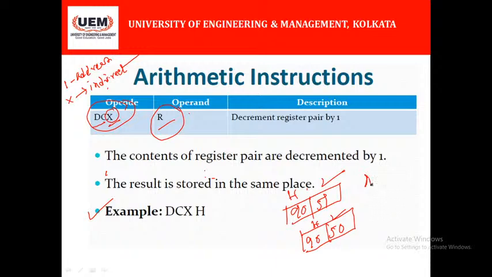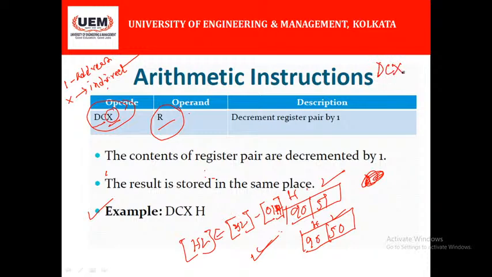The micro operation for that can be written as: the value of the HL register pair will be the HL register pair minus 01H. That is the equation for DCX H. Just like DCX H, several other register pairs are possible, such as DCX B, in which case we are pointing to the BC register pair, and DCX D, in which case we are pointing to the DE register pair.